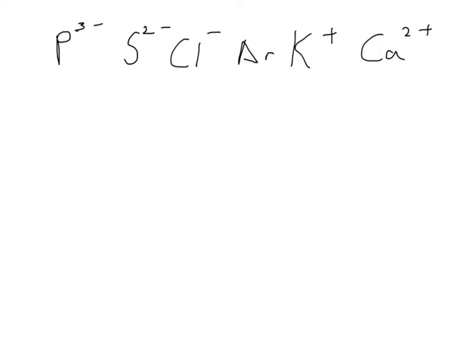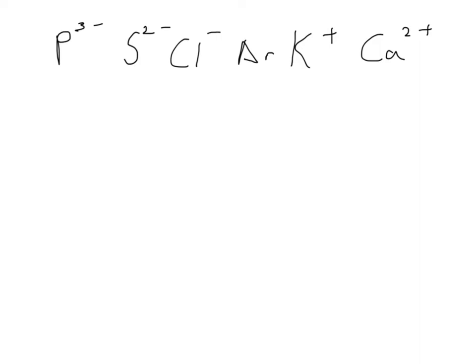So the only thing that is going to affect their atomic radius, or their ionic radius, is the number of protons in their nucleus. Because they all have the same electron configuration, they all have the same repulsive force. The only thing that's different is the pull of the nucleus due to the number of protons.